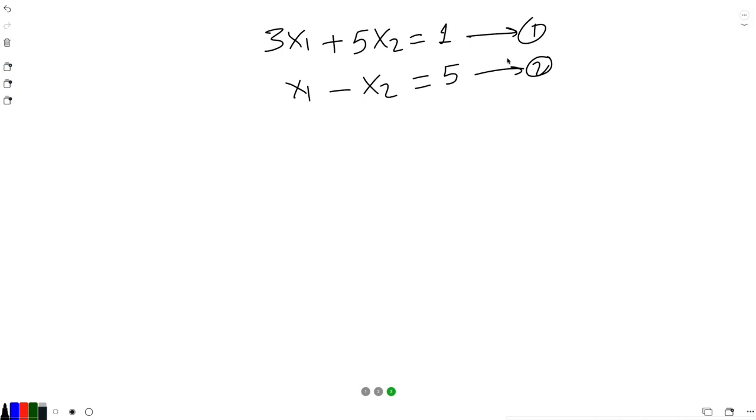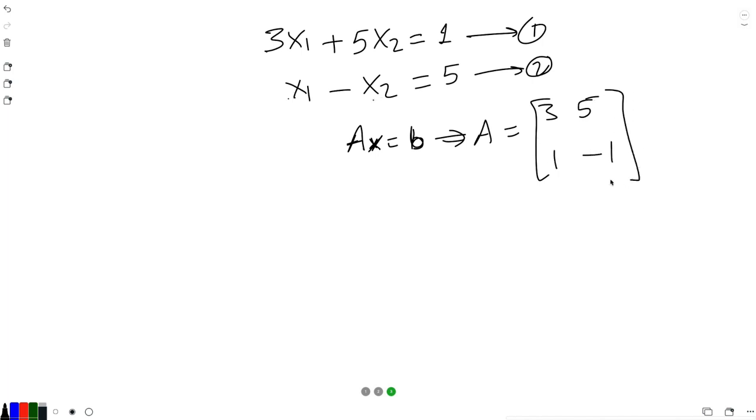This can be done in linear form, so you can define it in this compact form, Ax equals b. Then you put the elements in the matrix A: 3, 5 and 1, minus 1, multiplied by x1, x2, and this equals b, which is 1 and 5. It is simply like that.